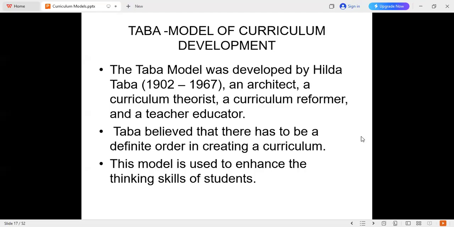Now we can find one weakness in the previous model, because he did not consider the thinking skills of the students. No discussion about thinking skills of the students in the previous model. Now we'll see how in this model it is included.